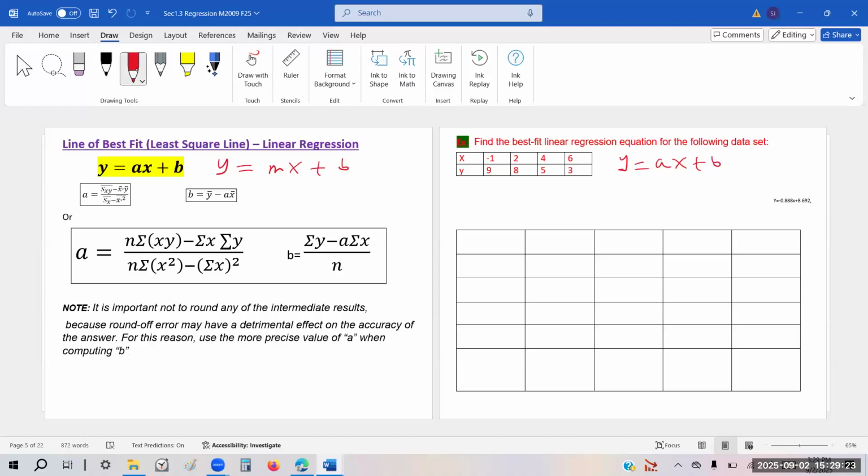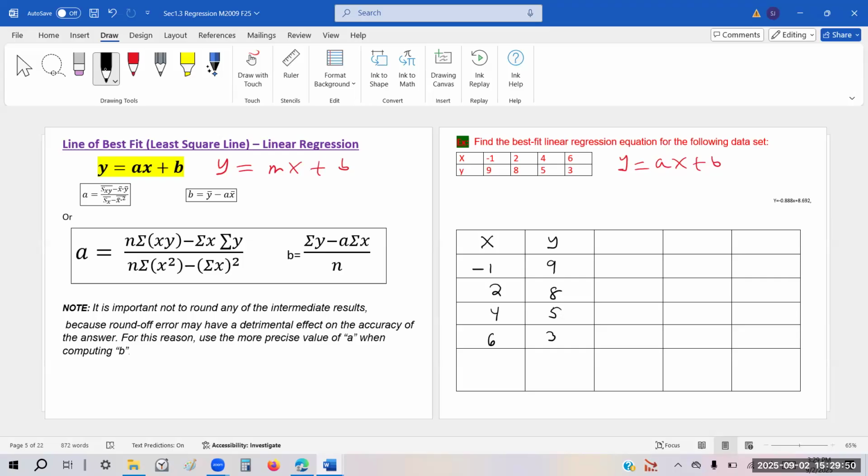All you have to do is find what is a and what is b. But in order to find that, we need to use the formula. So let's say this is the X column, this is the Y column. X has -1, 2, 4, 6. Y has 9, 8, 5, 3.